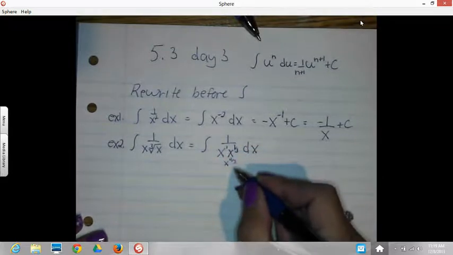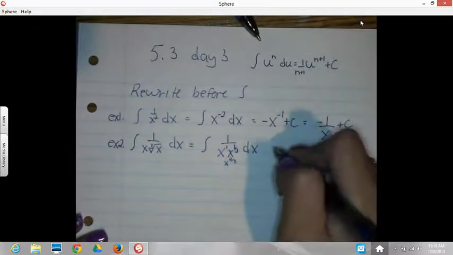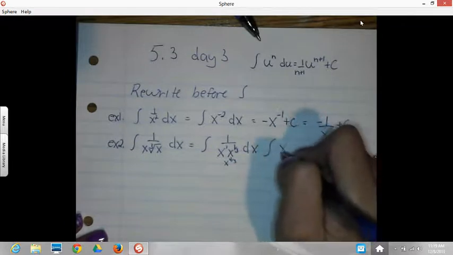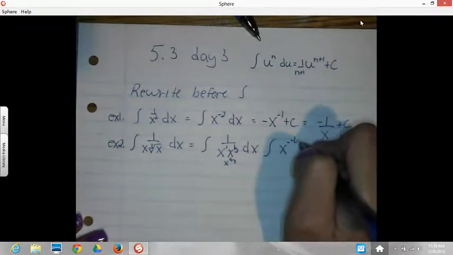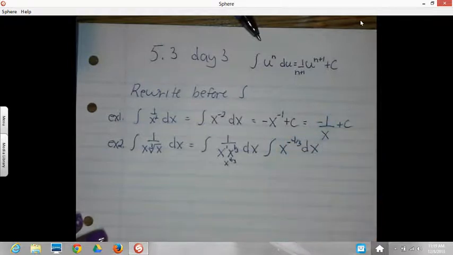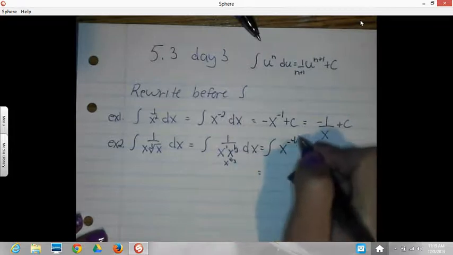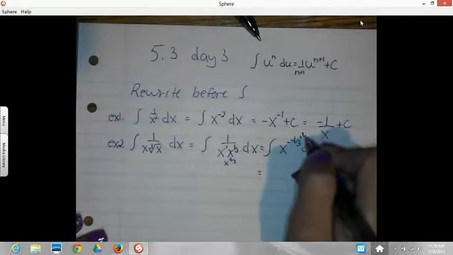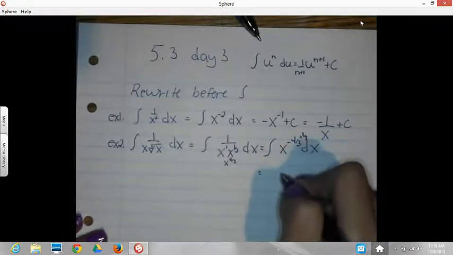So now when I bring that up to the top, I just make it unhappy. So it'll be x to the negative 4/3 over 1. There's nothing left down there. And now it's ready to integrate. Oh, I forgot my equal sign. And using the power rule, we've got to add 1 to this. So that's adding 3 over 3. So that becomes x to the negative 1/3.